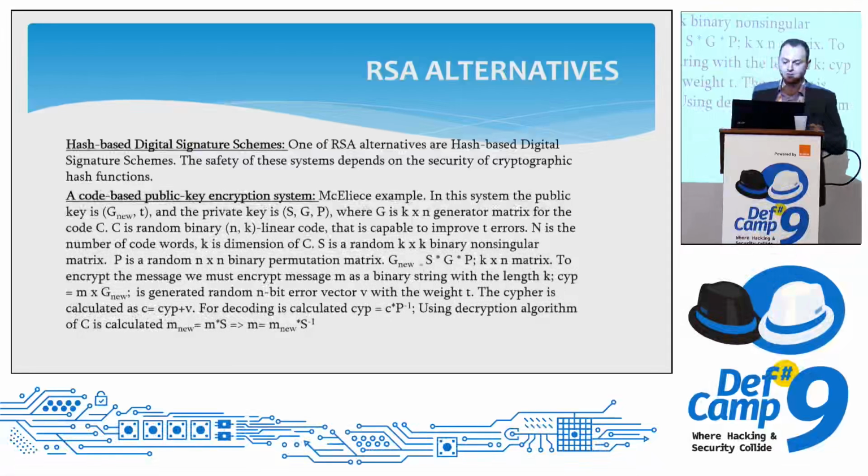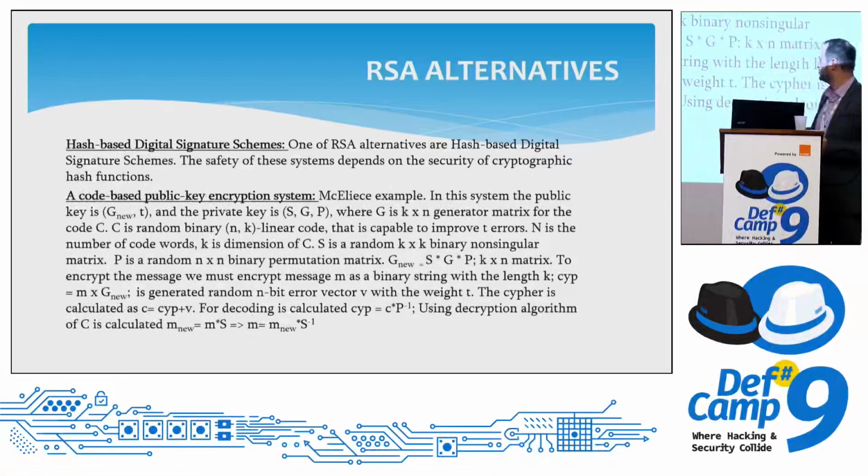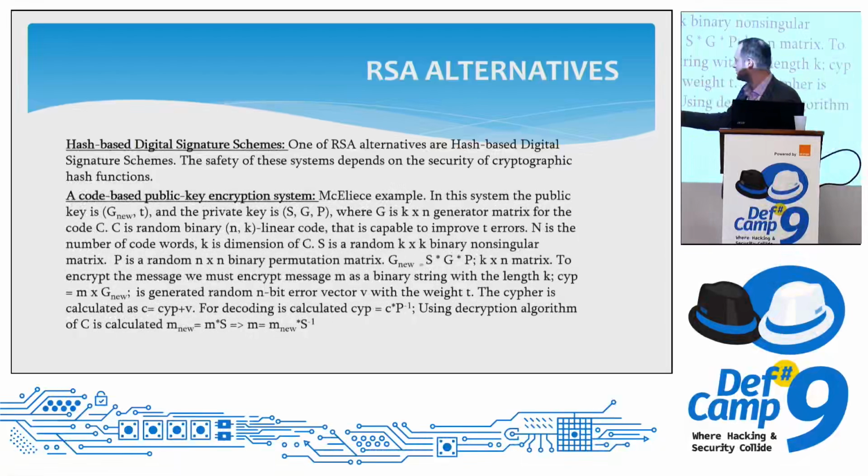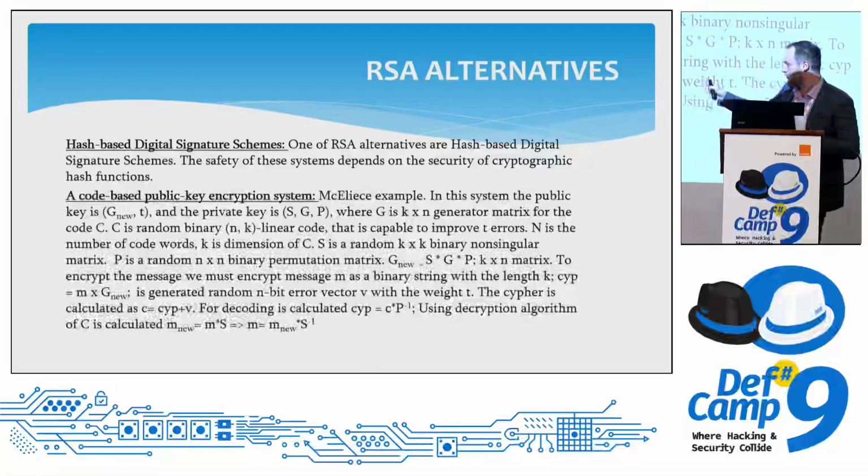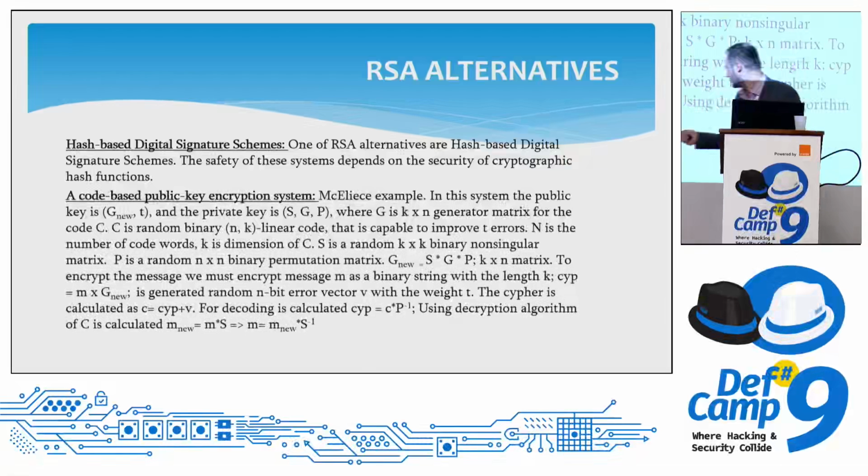P is a permutation matrix, and to get G', we just multiply all these matrices. To get the cipher, we calculate this, and afterwards we generate the vector v, the error vector, and we add it to get the cipher. To decrypt, first of all, we calculate, afterwards we calculate mu, and afterwards m.